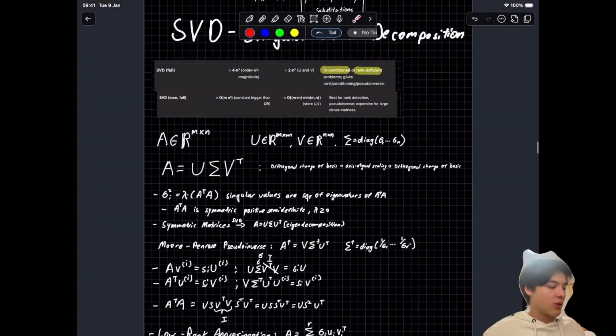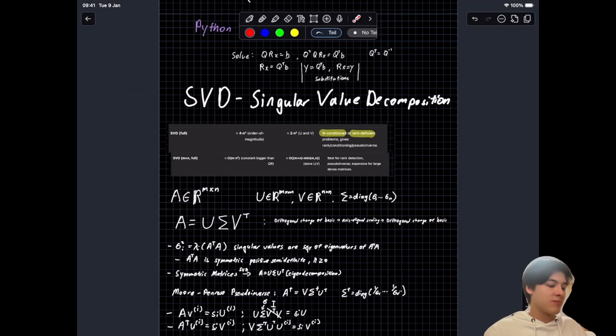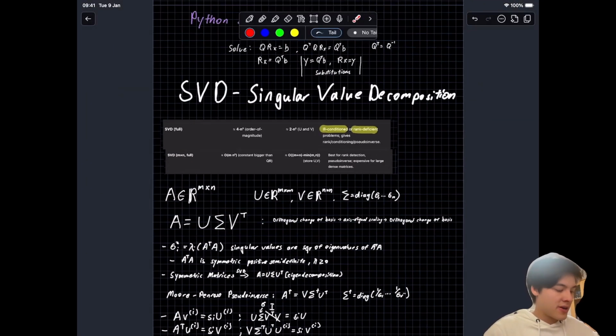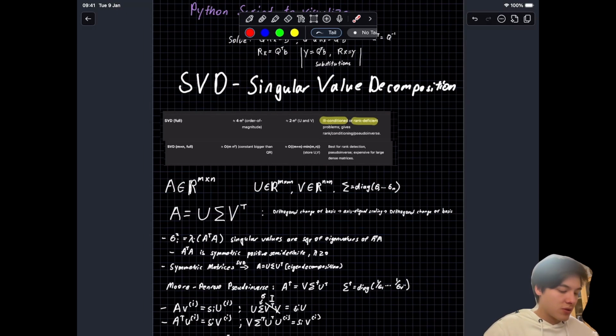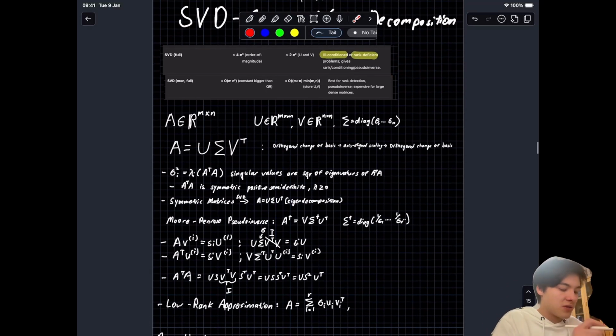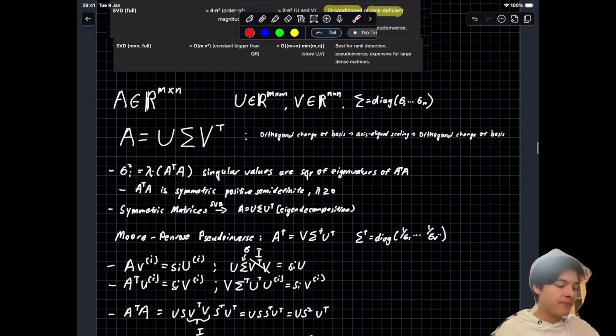We've got our singular value decomposition. This is pretty important. It works for ill-conditioned systems or rank-deficient systems, also for overdetermined or underdetermined systems. What does this mean?